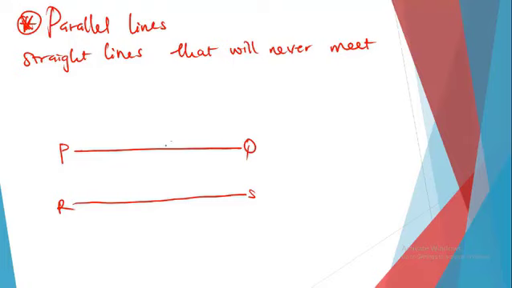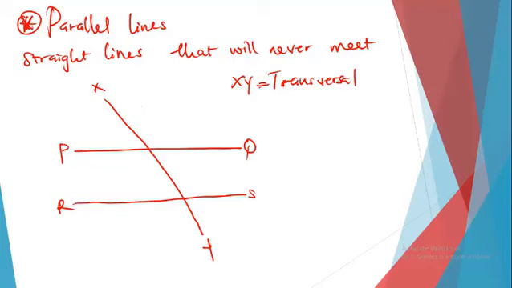Now these two lines are what we call parallel lines. Let's assume that another line cuts these two lines, and we call this X and Y. Line XY is what we call a transversal.